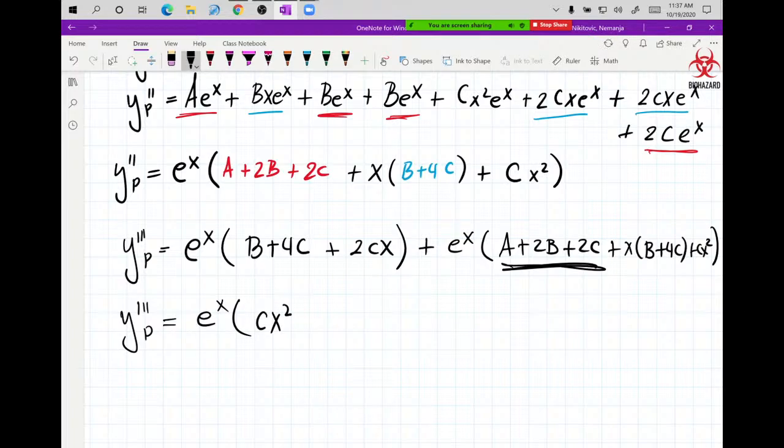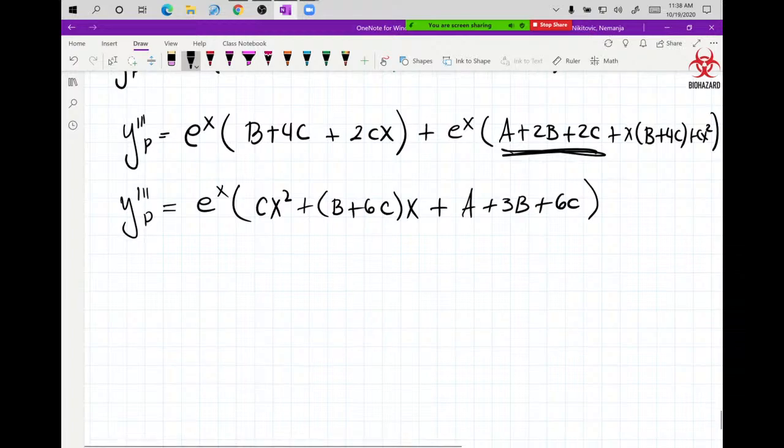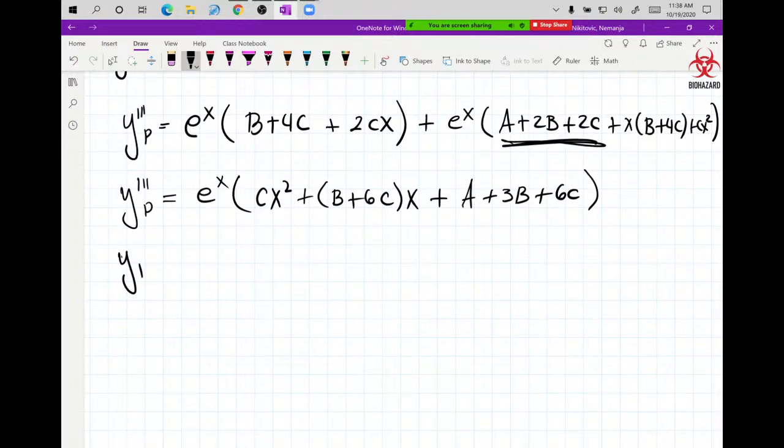Then my x terms are b plus 6c, because I have two c's over here, four c's over here. That's a 6c plus b, and then times x. And then I have this constant over here at the end, plus a plus 3b plus 6c. I mean, there has to be an algebraic error somewhere over here. It's just too annoying.